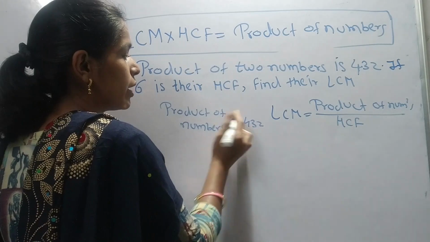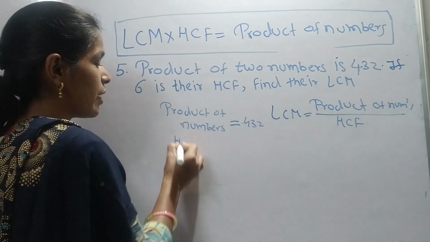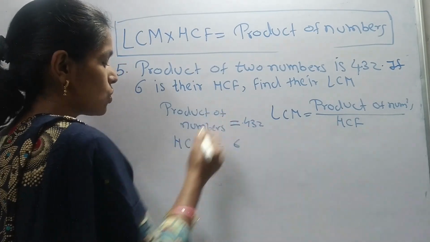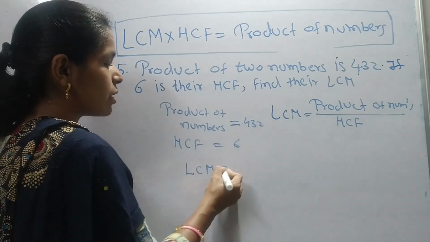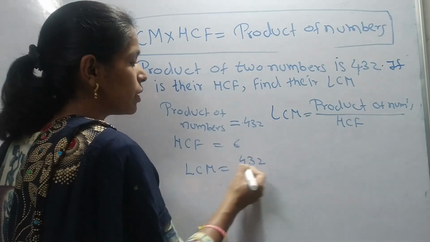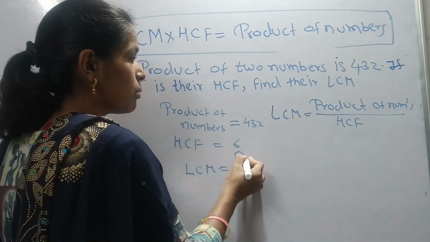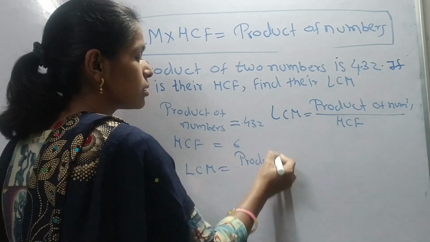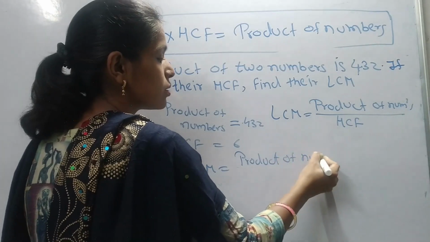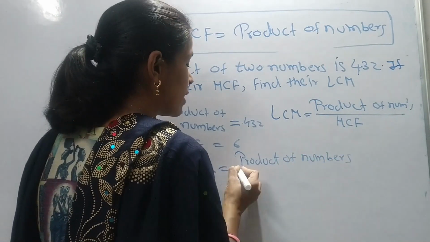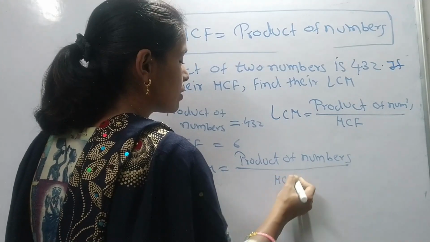Okay, so here product of numbers is equal to 432. Okay, and its HCF is equal to 6. So LCM is equal to 432 divided by 6. Firstly, you need to write the formula over here: product of numbers divided by HCF.